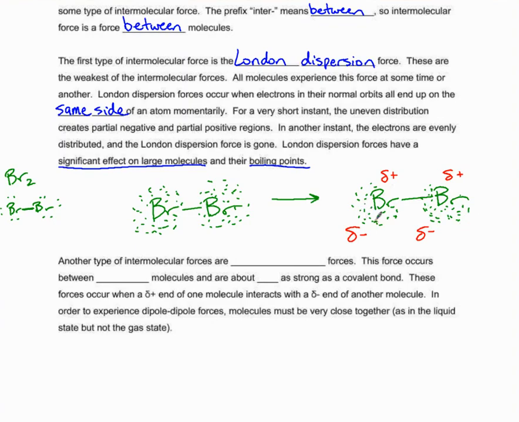And when one of these bromine molecules finds another one nearby that also is experiencing this London force, they kind of pull each other together. And the closer that molecules come together, the more likely that this substance is going to be a liquid. So that's what's happening here. It's finding a second Br2 and they're pulling each other together.